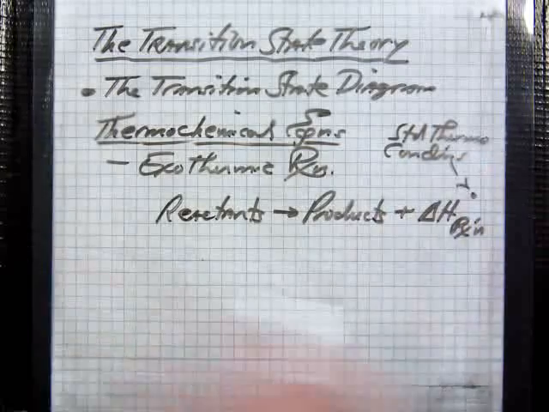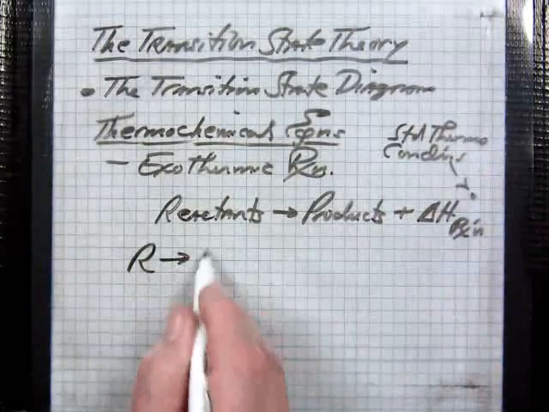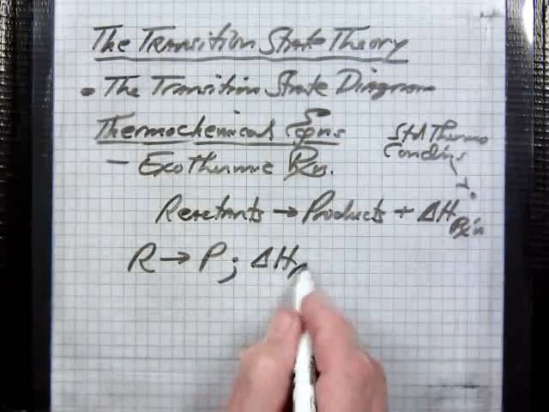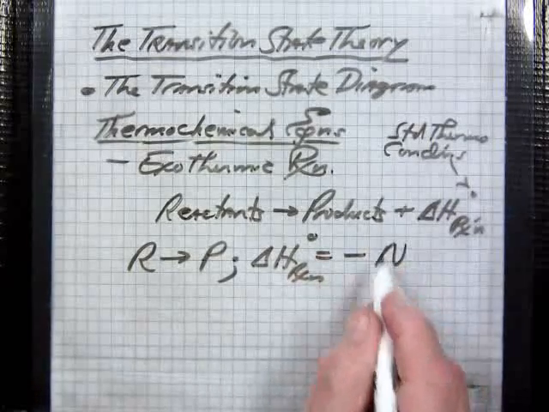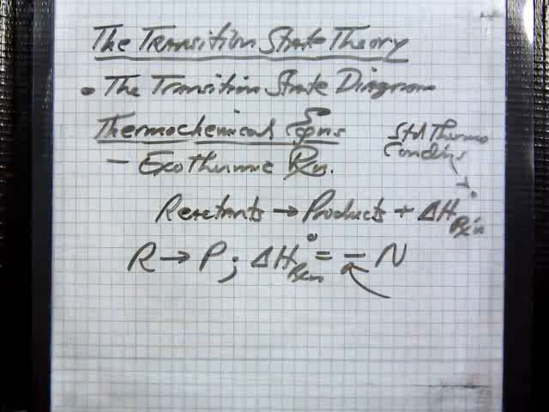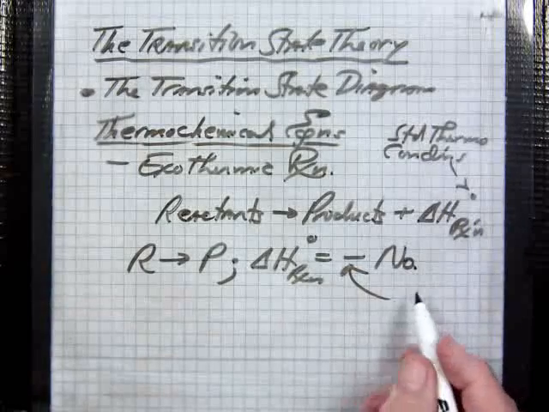Another way to do that is reactants going to products, semicolon, delta H of reaction is equal to a negative number, where the negative attached to the number indicates exothermic.